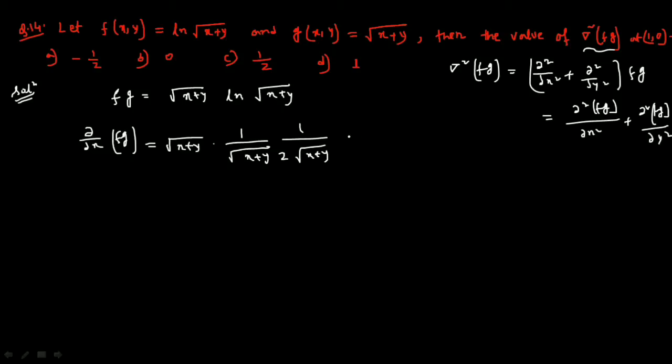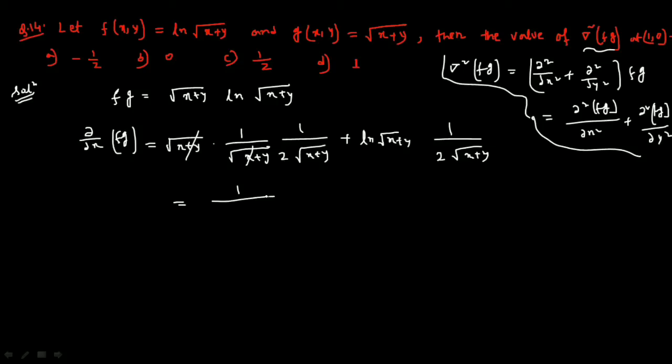Plus, if you take ln root x plus y as constant, you get the differentiation of root x plus y, which is 1 upon 2 root x plus y. Now this will cancel out, and it will be just 1 by 2 root x plus y plus 1 by 2 root x plus y into ln root x plus y. This is del x fg.